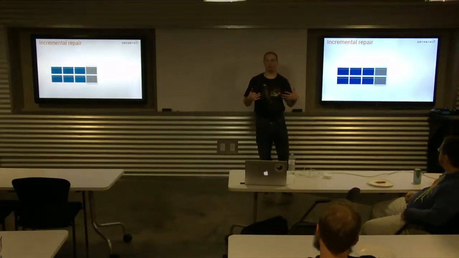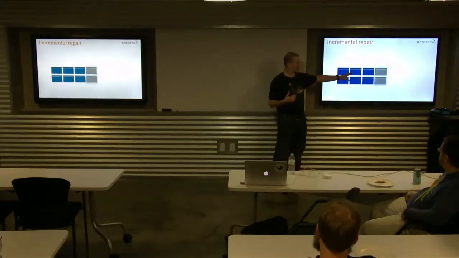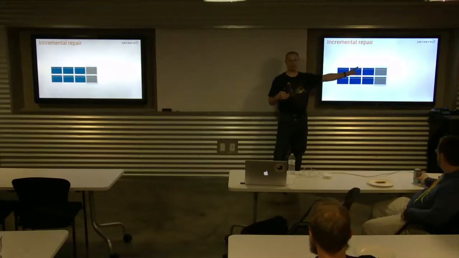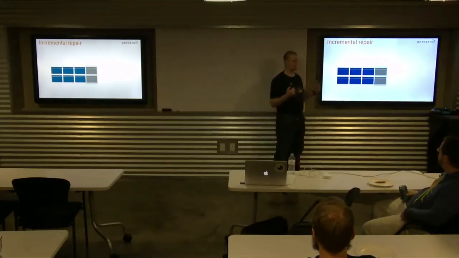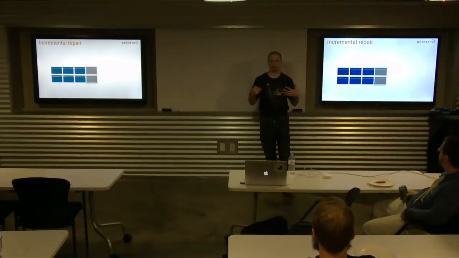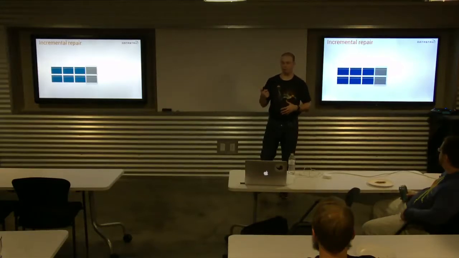There are some implementation details that make it tricky. In particular, once we've repaired SSTables, we need to be careful not to mix them with unrepaired data during compaction, because if we mix it with unrepaired data, we've contaminated it and we have to repair the whole thing again. But conceptually, it's a simple approach to minimize the amount of work that repair has to do.